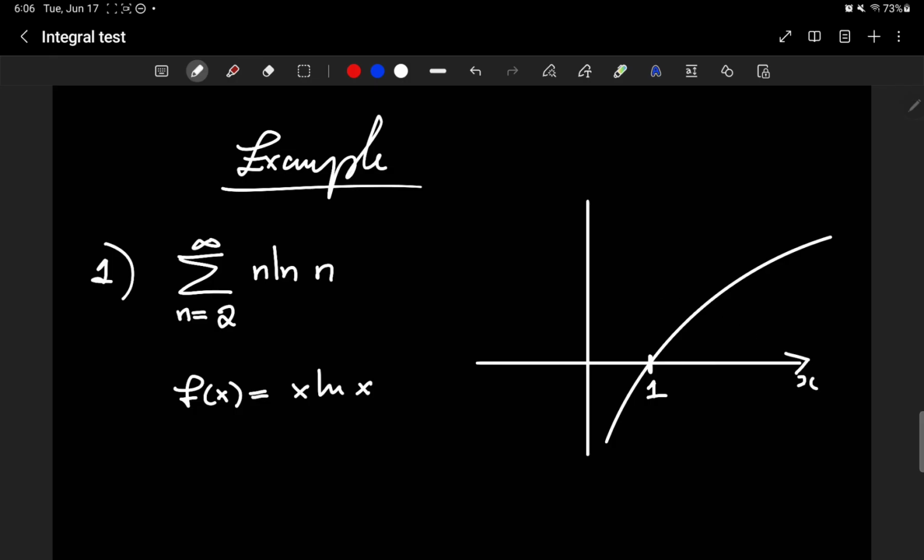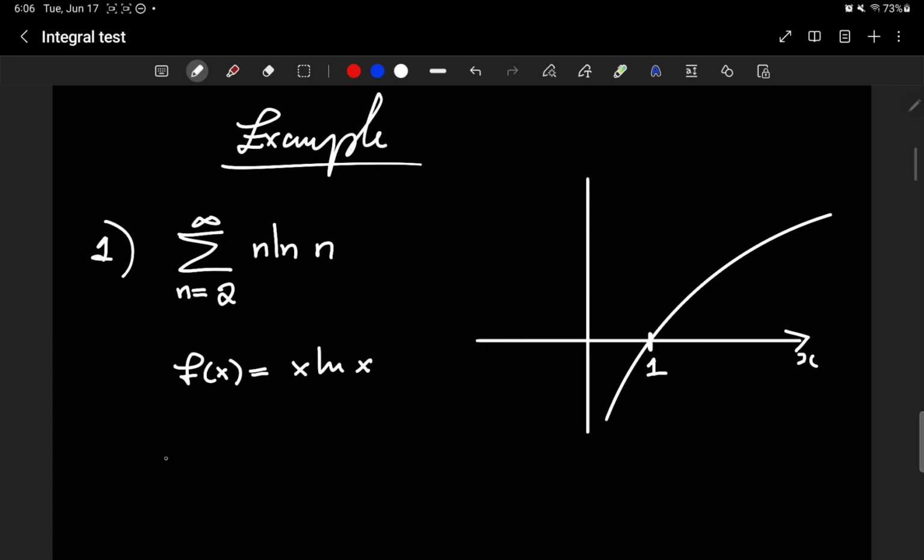So this is the graph of a ln function. Now, clearly, from 2 to infinity, we see that this function will always be positive. The values of x themselves, starting from 2 going to infinity, are all going to be positive values.